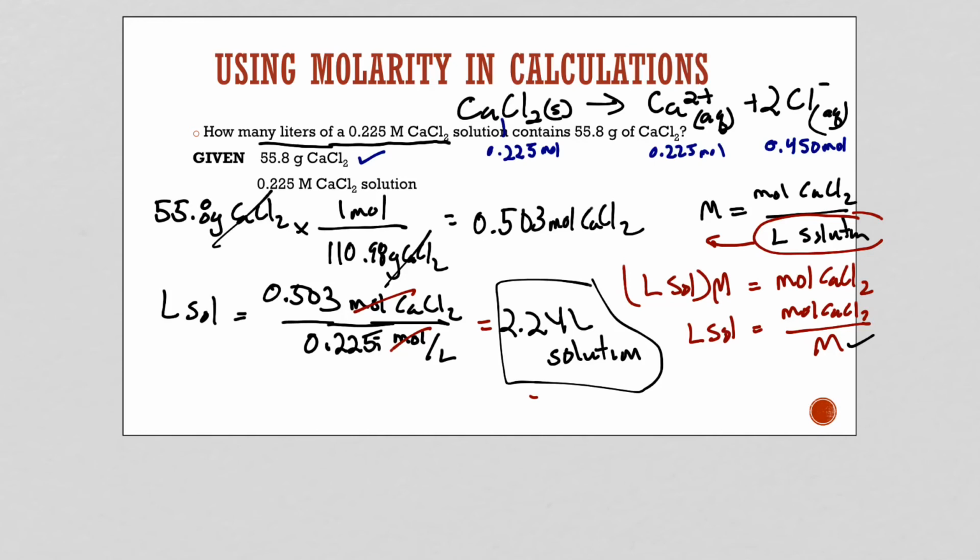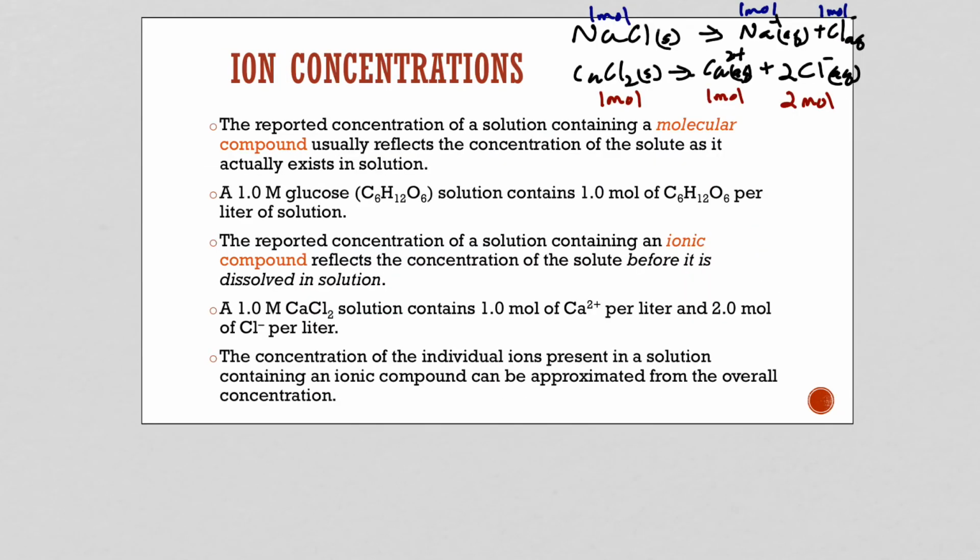So if we want to know the moles of ions, we can take the moles of compound that we added times the coefficient in front of that ion. So something else just to consider when we dissolve ionic compounds.